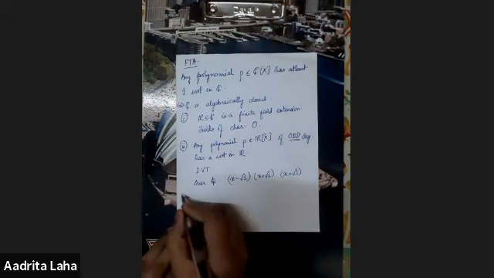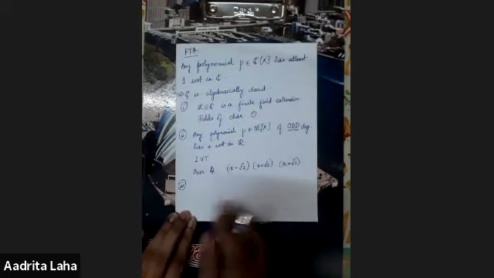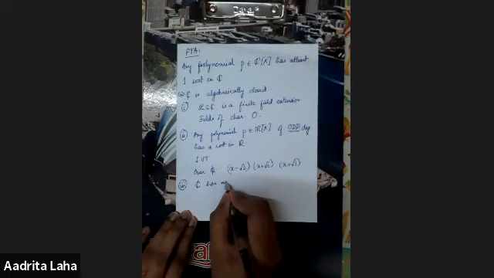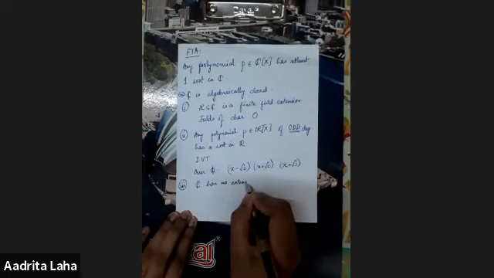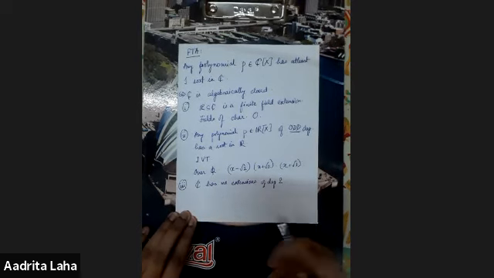So this is our second assumption, and our third assumption is the following. C has no extensions of degree 2. Now, what does this mean?